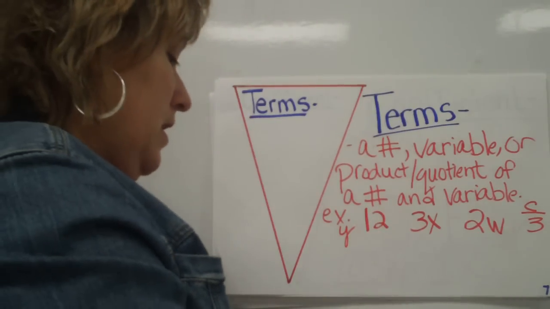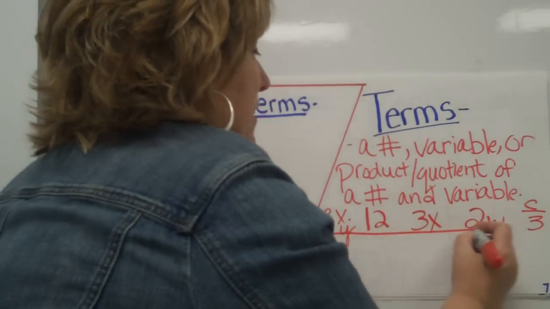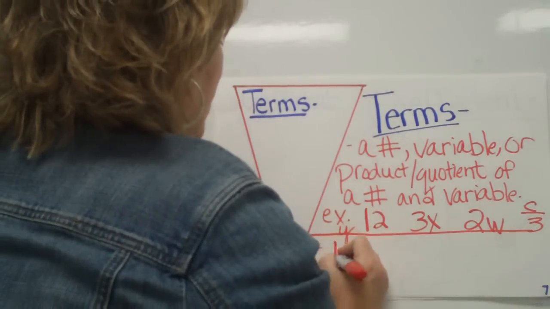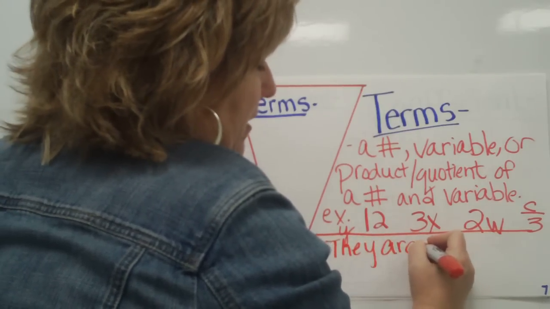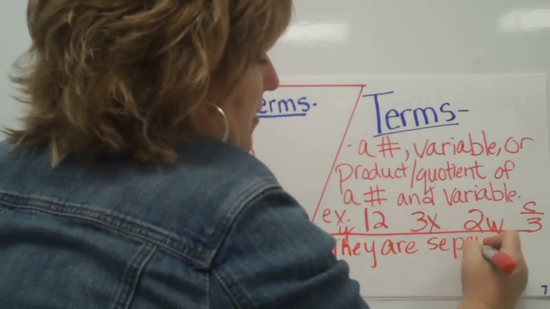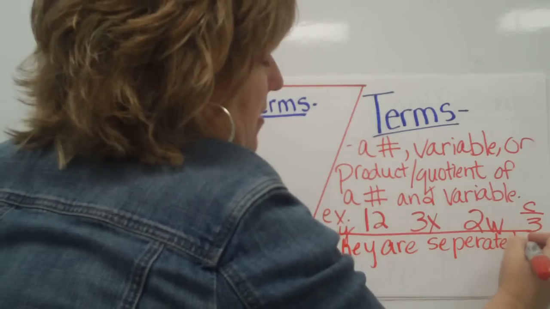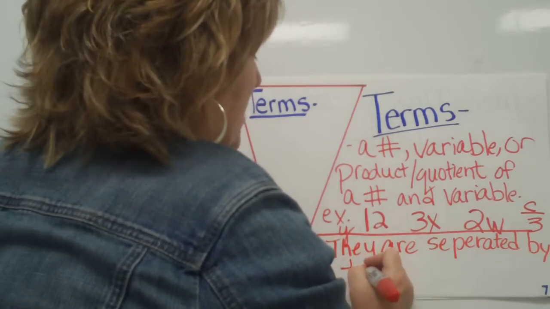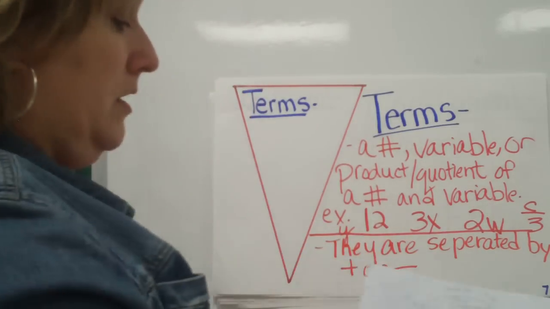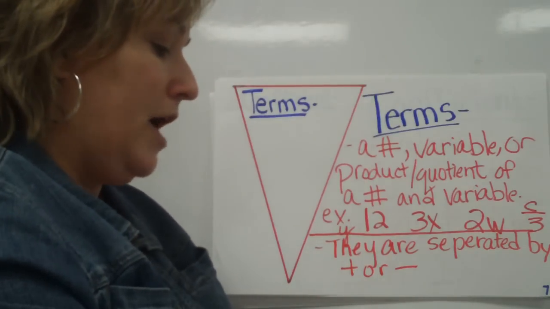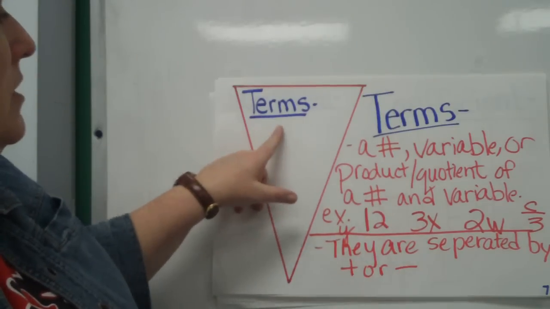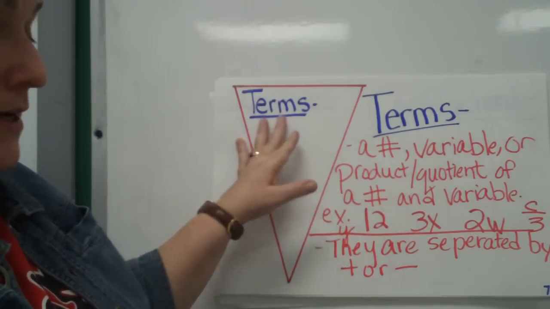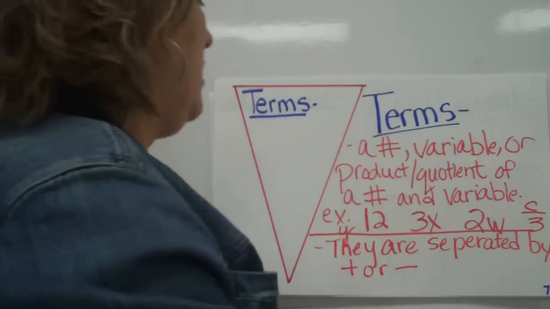Okay? And the other thing you need to know about terms is they are separated, all the terms are separated by addition or subtraction. They're separated by addition or subtraction. And since I'm running out of space here, I'm just going to put an equation or an expression right here, and I'm going to show you what I'm talking about.